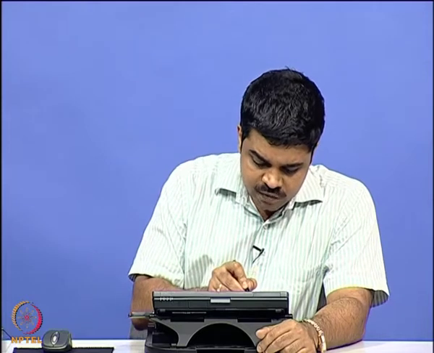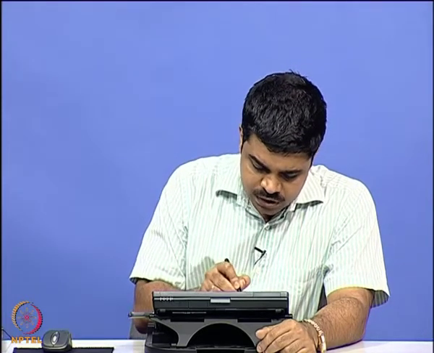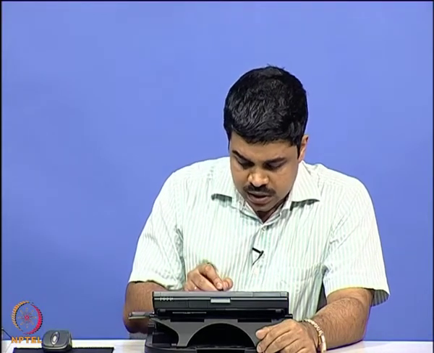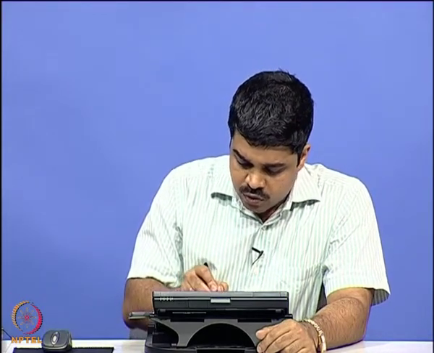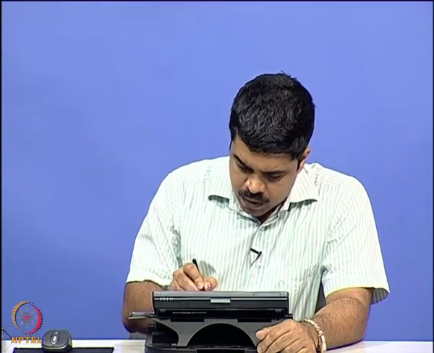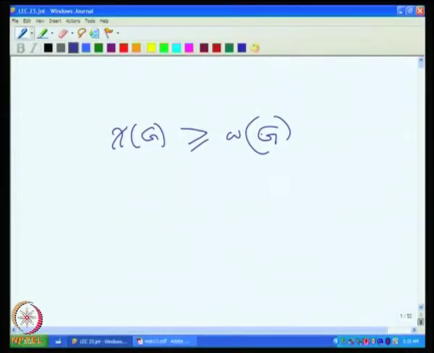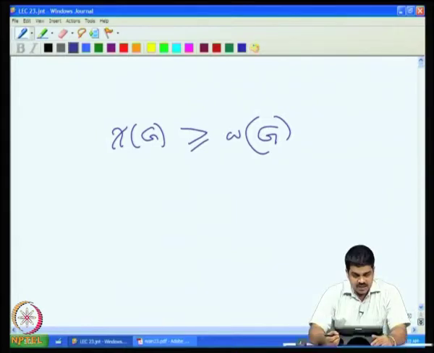We know that for every graph, chi of G, the chromatic number of the graph, is greater than or equal to omega of G, where omega of G is the size of the maximum clique, the number of vertices in the maximum clique in G. The inequality is very trivial because each vertex in a clique has to get a different color. So many colors should be present.